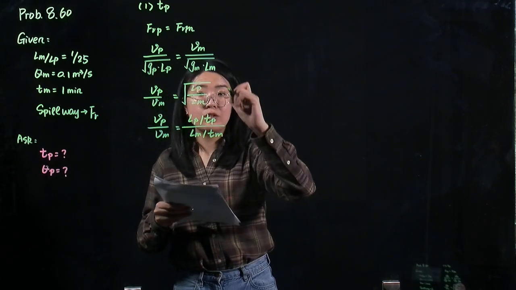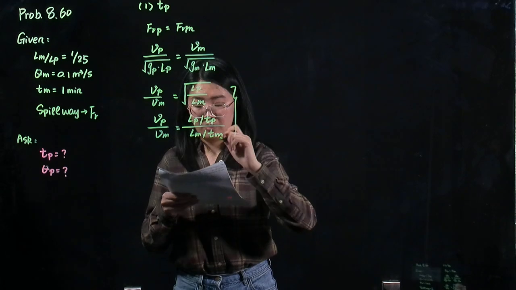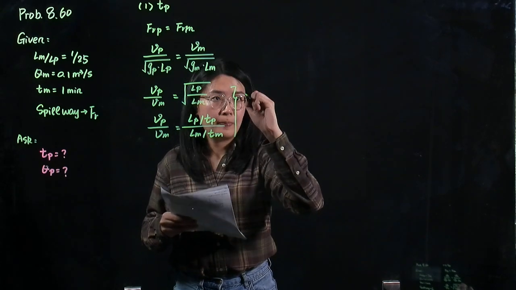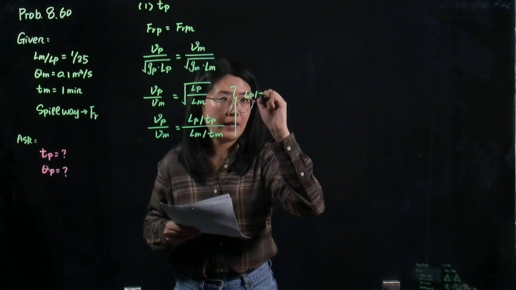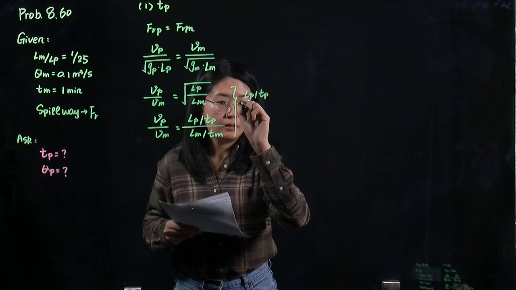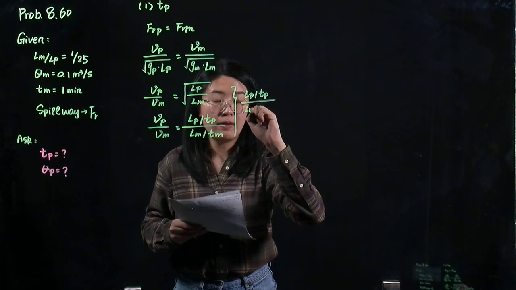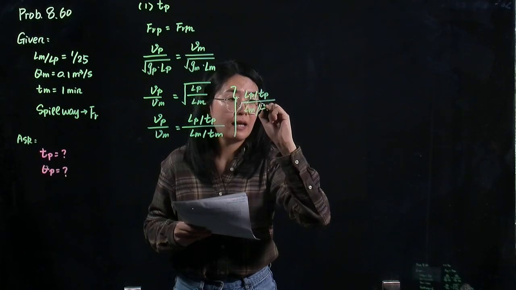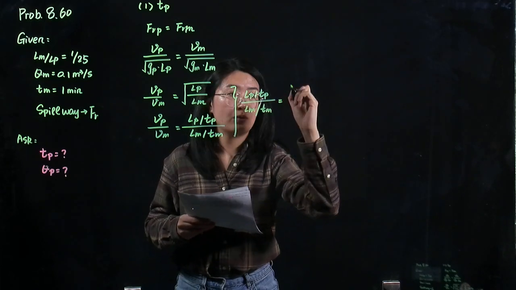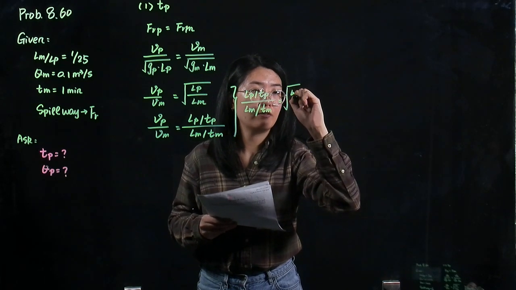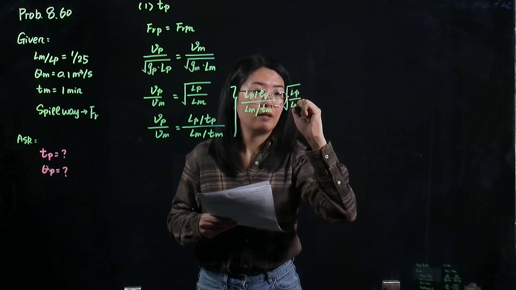So based on these two equations, Lp divided by Tp divided by Lm divided by Tm should equal the square root of Lp divided by Lm.